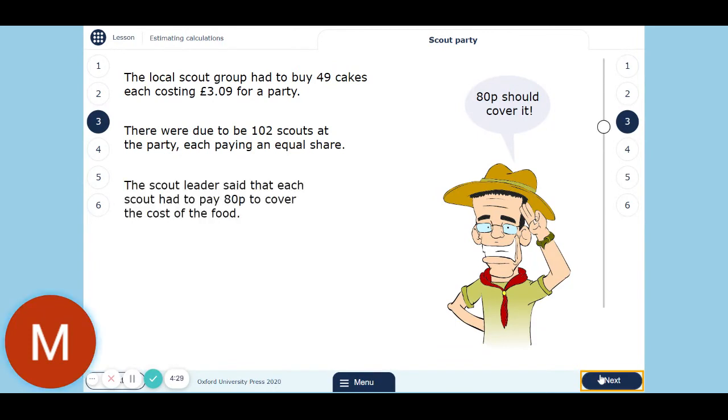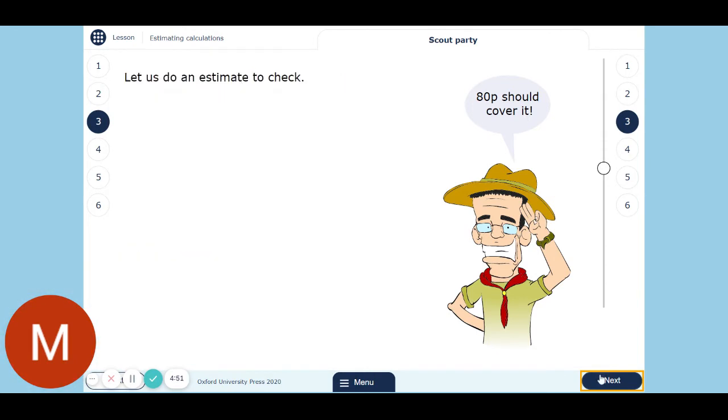And the scout leader reckons that if they pay 80p each, that should cover the cost of the food. Was he correct? Now, we could work it out exactly, but the whole point of this exercise is to estimate. And so if we do an estimated calculation, we should find out if that's right or not.